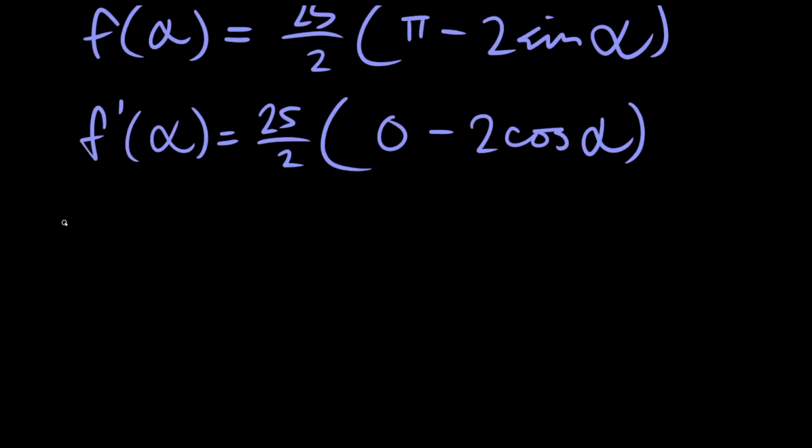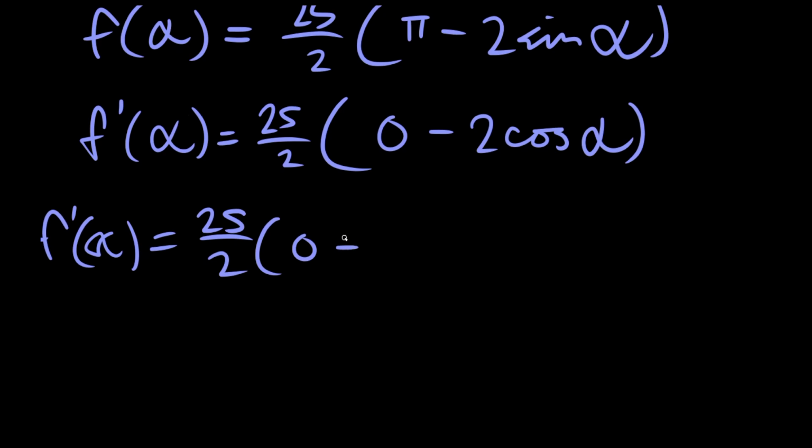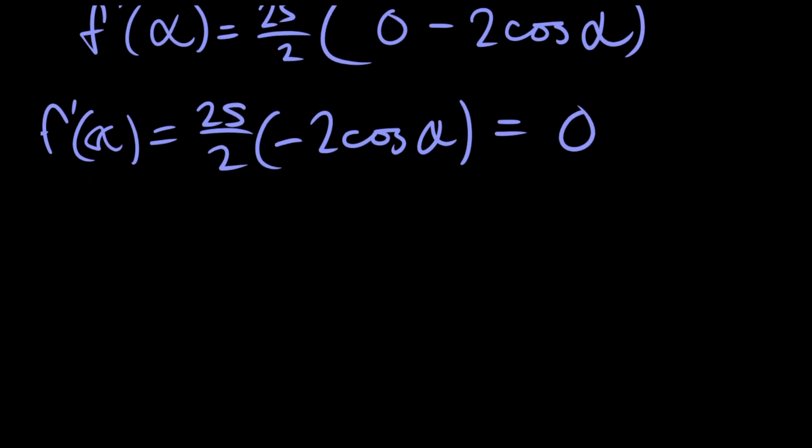And then we're going to have to set it equal to 0, which is going to be equal to 25 over 2, 0. Well, we're not going to have to write that. 2 times cosine alpha is equal to 0 to find the minimum and maximum values of the area, where they occur for alpha.